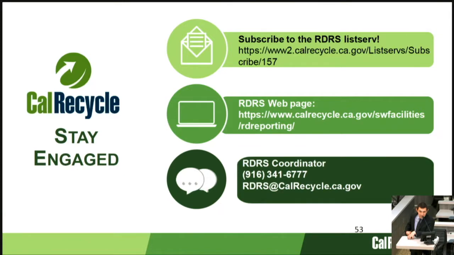So to the extent that you're sending flows to RDRS numbers that have already been registered in the system, you don't actually have to provide the contact information because it's already been provided by that entity. The contact information is required when you're sending it to a facility and that facility is not registered. So you'll fill in the contact information for the facility.